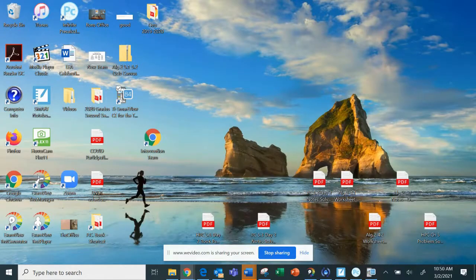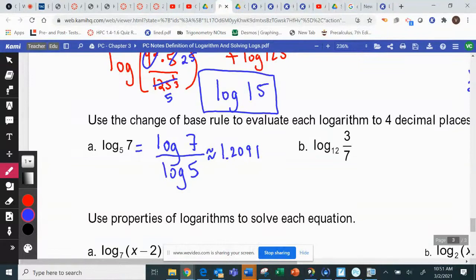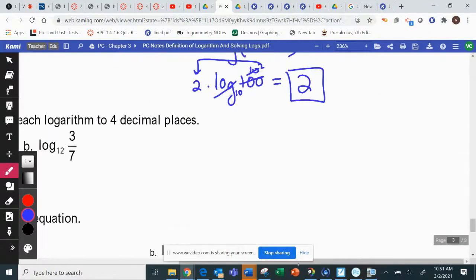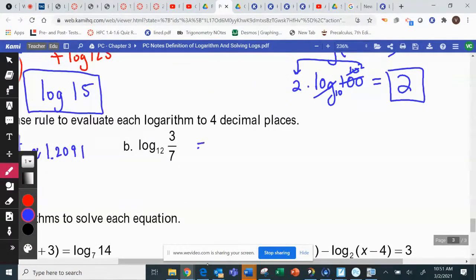Okay, change of base formula for the next one. I would do log of 3/7 over log 12. Go ahead and type that in your calculator however you want.